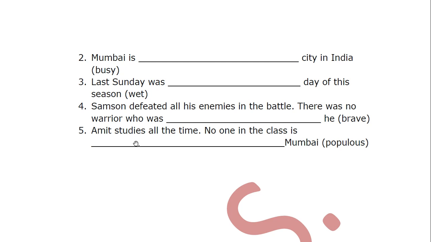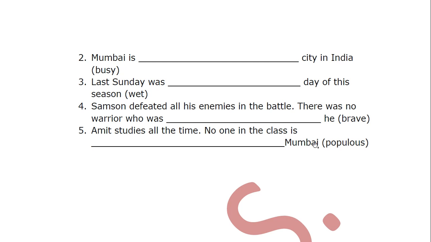Okay. Amit studies all the time. No one in the class is as, oh, this is a mistake. No one in the class is, here that should be Amit. Okay, I mixed two sentences. Cancel this Mumbai and write Amit over here. And here write the word studious.